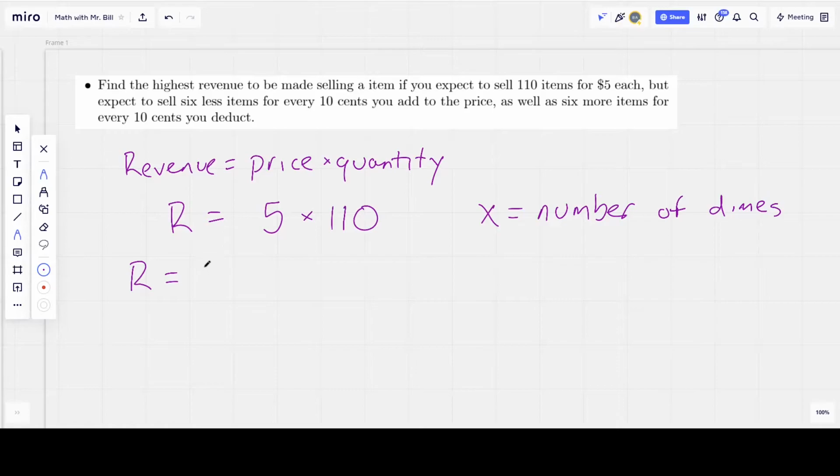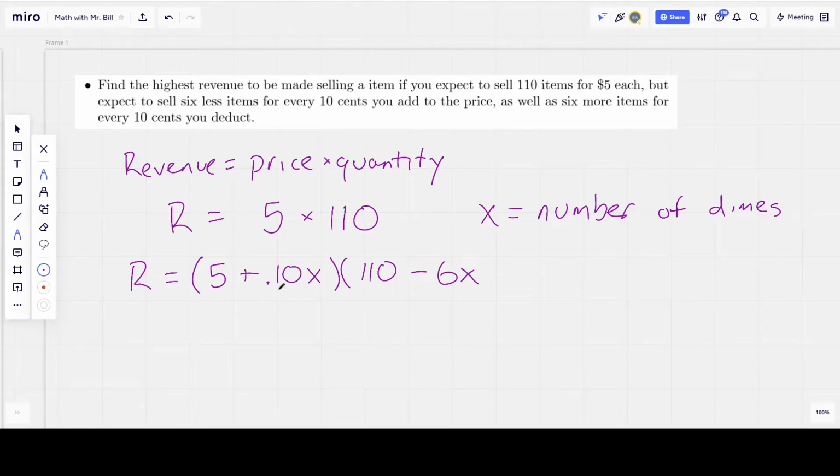So the first part of that equation says if we take our price of $5 and we add some multiple of dimes to it, then the quantity that we're going to sell is going to go down by 6 for every 10 cents we add. So if I put in one 10-cent item, we're going to sell 6 less.